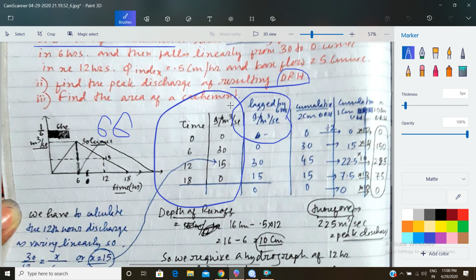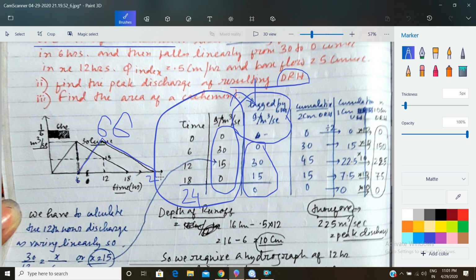See, we have lagged this. In the next step, we have lagged the unit hydrograph by 6-hour duration, meaning the ordinates from 0 to 18 now become 6 to, this one is the 24th hour. So the next hydrograph starts from 6 hours and ends at 24 hours.